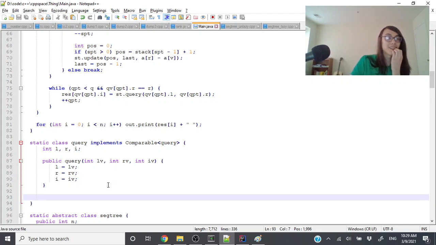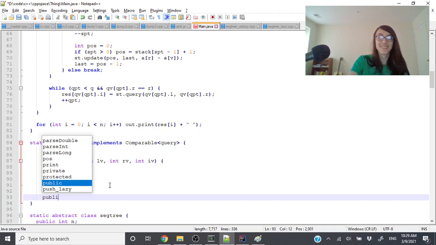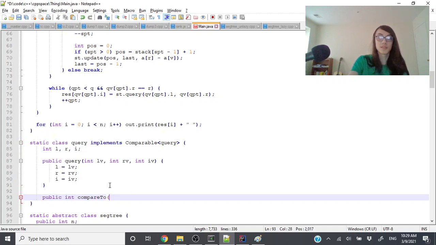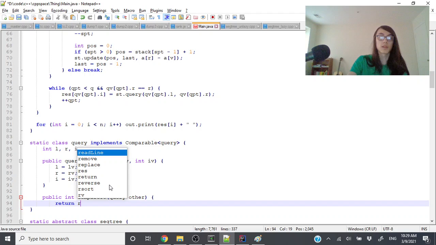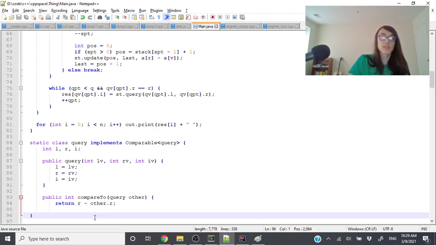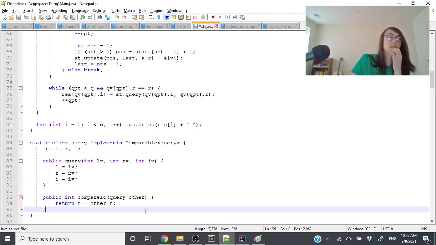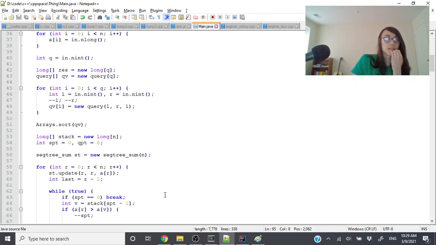Int compare to query other, return R minus other dot R. So if this is less, it'll return a value less than 1. If it's greater, it'll return a value greater than 1. And if it's equal, it'll be that.